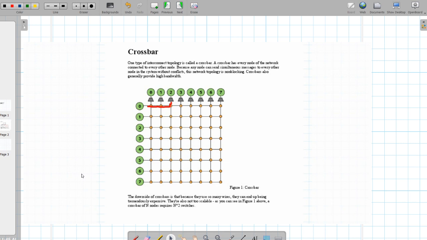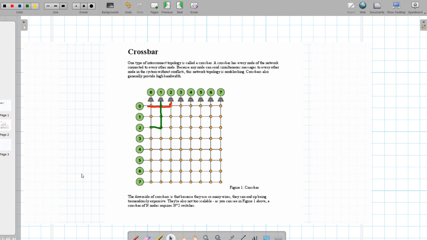Now, processor 1 wants to make communication with processor 3. So it can follow the direct path which connects processor 1 to processor 3. In this way, this crossbar switching network becomes non-blocking.